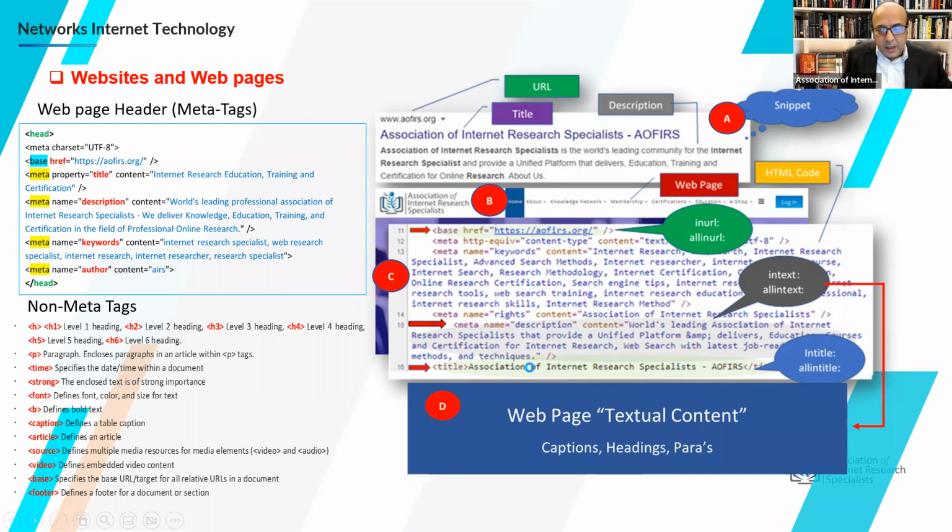And if we run the query using in title and a colon sign, we are only querying the title part. And just for your information, there are two types of tags that pertain to the title, one of which is a meta title and the other one is a non-meta title. Meta title runs behind the header part, which is what we call meta information about the page, and it is the main title of the page or the site itself. And then a non-meta title defines the rest of the pages.